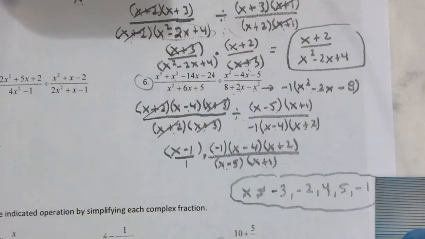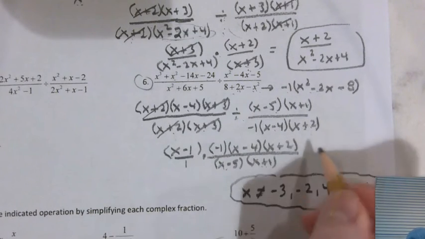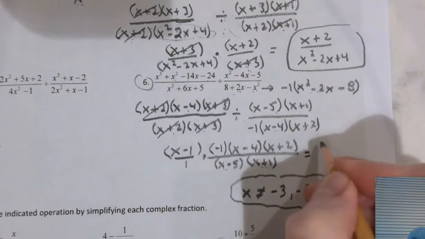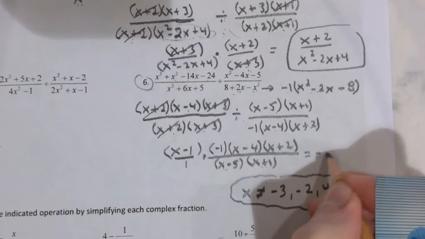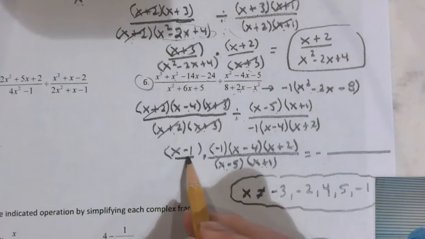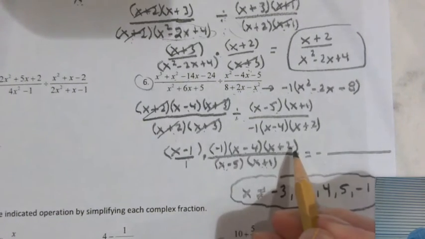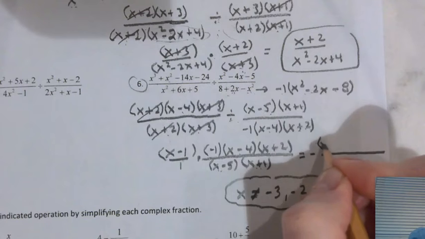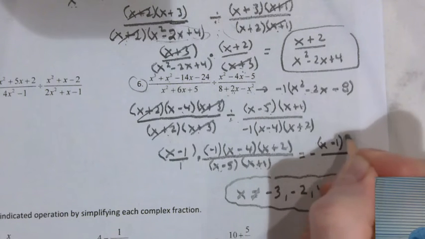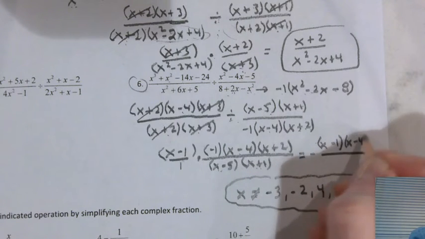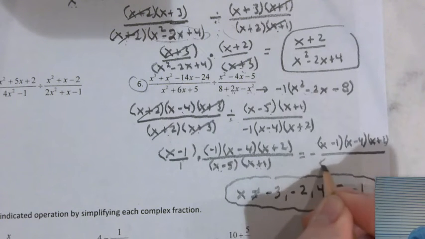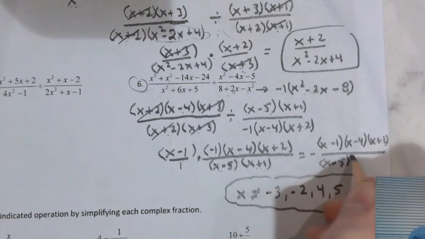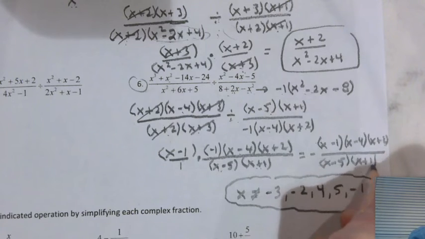Okay, so now what do we have? We've got a negative 1. We could just pull the negative out front. And we've got x minus 4, x plus 2 over x minus 5 and x plus 1.